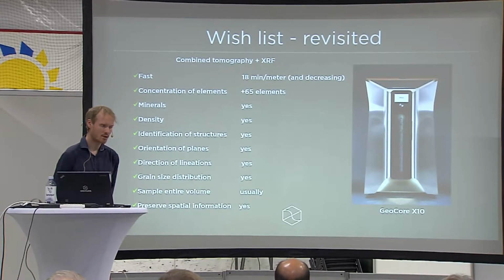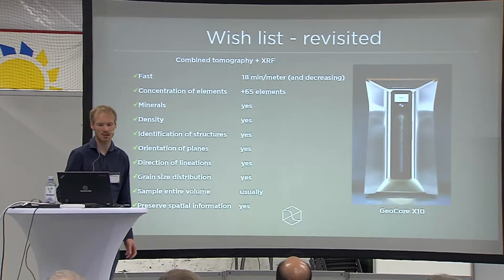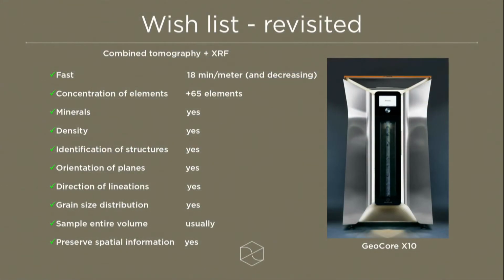If you have a tough case where you have a lot of highly attenuating material, like lots of galena, for example, even the X-rays won't be able to penetrate the sample. So in some cases, you don't get the whole volume, but typically you do. And when doing all of these things, we really preserve a lot of spatial information.